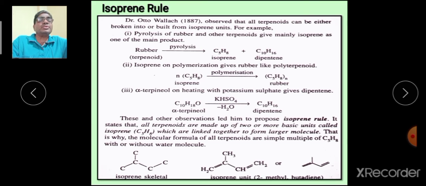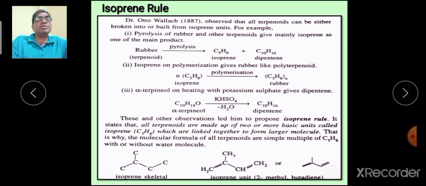Now, what is the isoprene rule? We have learned that terpenoids contain isoprene units. Dr. Wallach in 1887 observed that all terpenoids can be either broken into or built up from isoprene units, and he gave some examples.